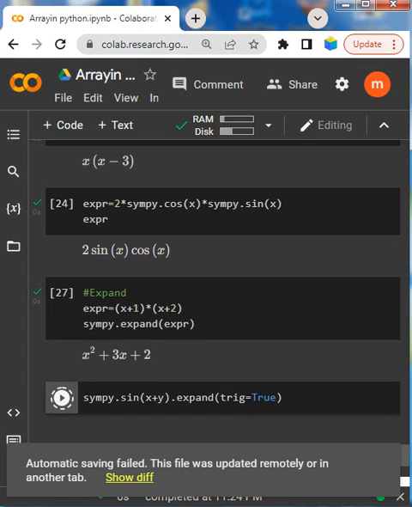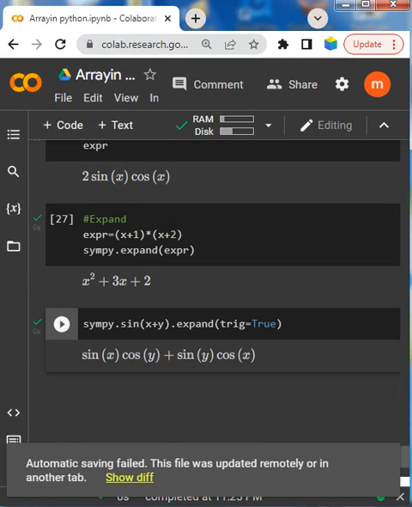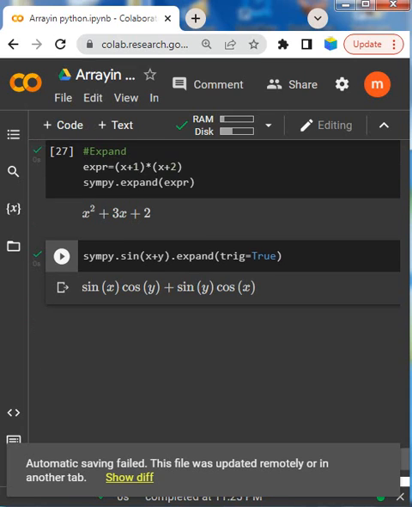So see here, because sin(x + y) has been expanded, sin(a + b) equals sin a cos b plus cos a sin b, look like this. Yeah, it has been printed. So amazing.